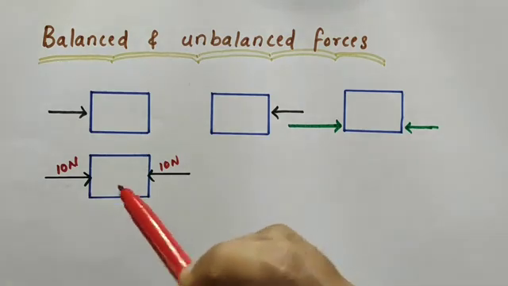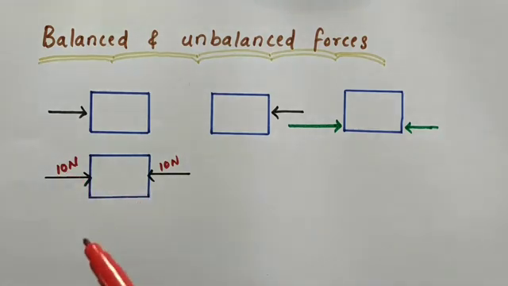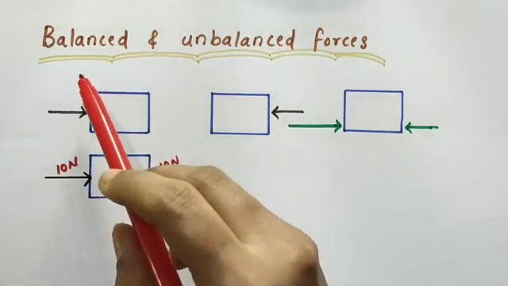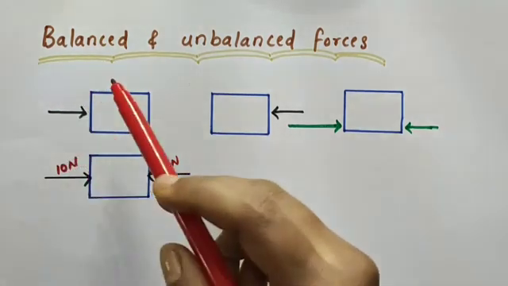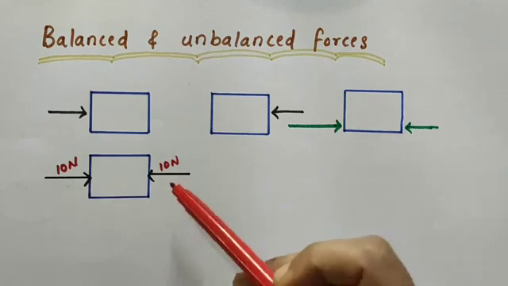That is, though two forces are acting on the box, it is not moving. Such forces are called balanced forces. Balanced forces do not change the state of rest or state of motion of an object.